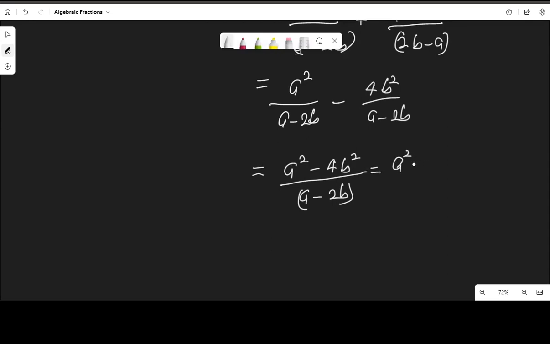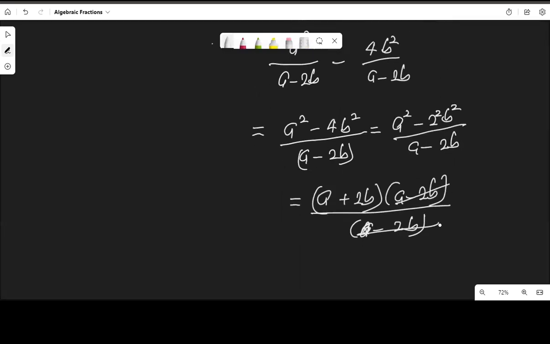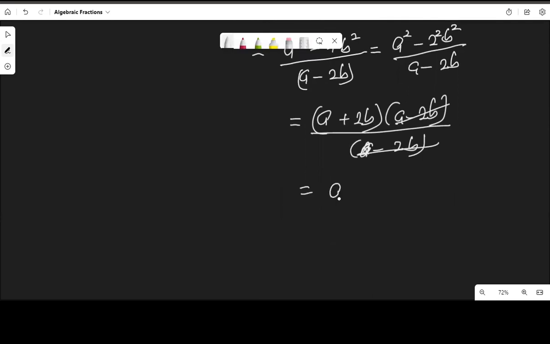We can write that as a squared minus 2 squared b squared over a minus 2b. So it becomes a plus 2b and a minus 2b over a minus 2b, so that this a minus 2b can cancel this a minus 2b. Our final answer becomes a plus 2b.